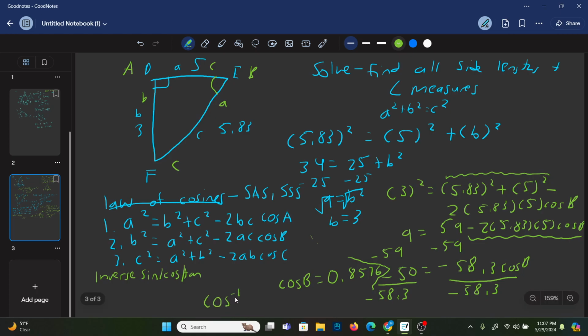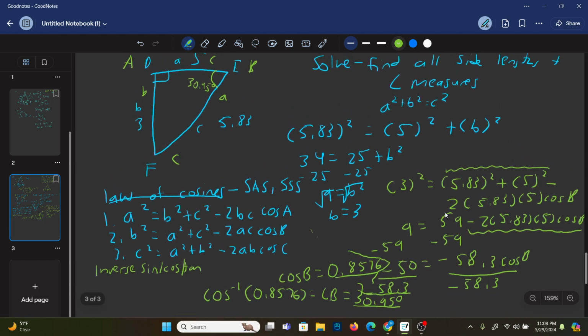So that's the cos with a -1 exponent on your calculator times this value, 0.8576. You would just put that into your calculator and solve. And we get an angle measurement of angle B equals 30.95 degrees.